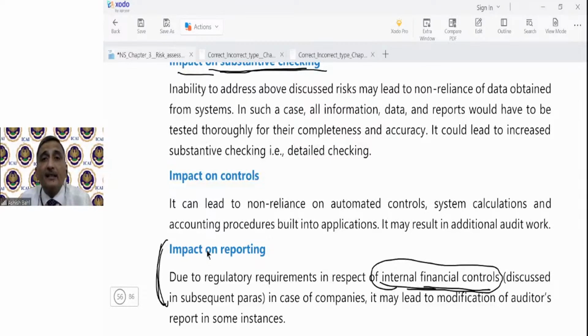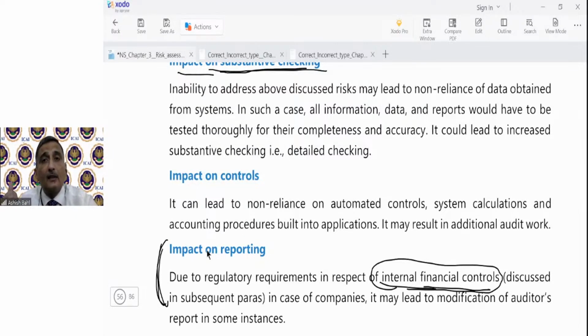If such risks are not mitigated, then it can have an effect on the area of checking to be done by the auditor, on the area of substantive checking, on the area of substantive procedures, which might have to be enlarged.